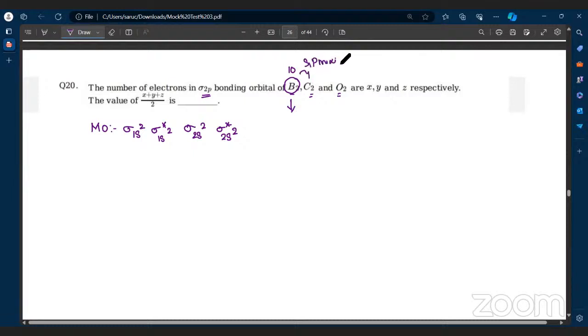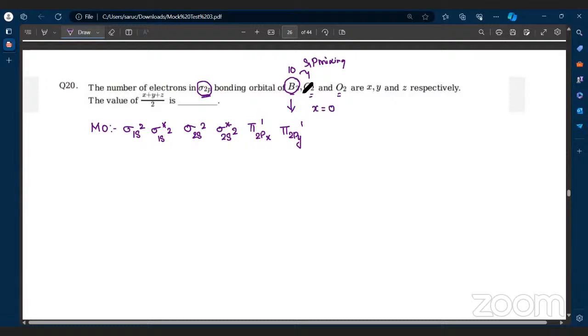After the sigma orbital, there will be pi orbitals, pi 2px and pi 2py, getting 1 and 1. So 2, 4, 6, 8, 10. Now it has been completed, so no electron in sigma 2pz. So X is going to be 0.